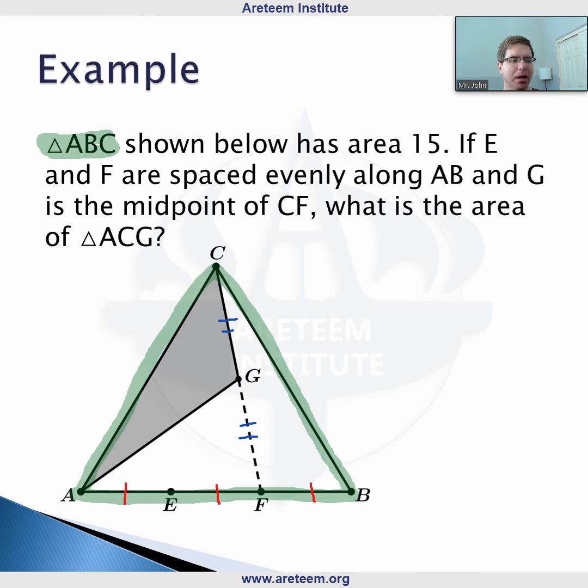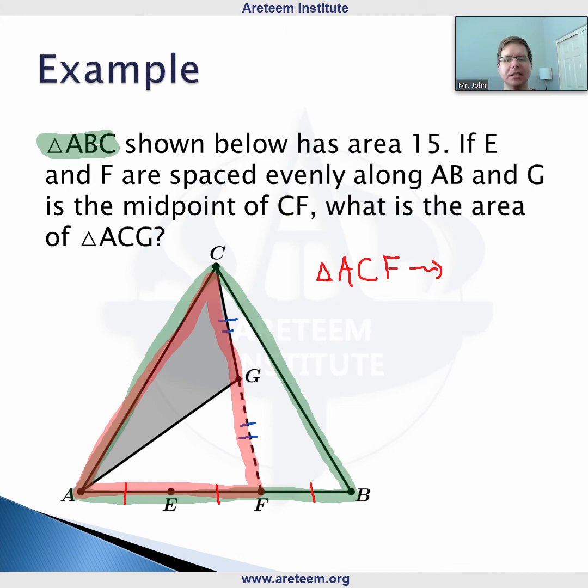We have 2 steps in this case. The first step is almost identical to the picture we just drew. We have the full triangle ABC, and then this shrunken triangle ACF. Now, what is its area going to be?